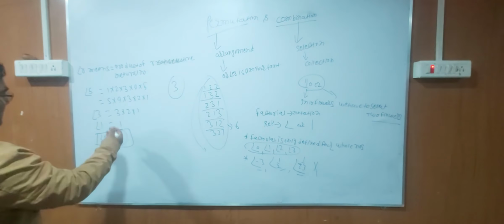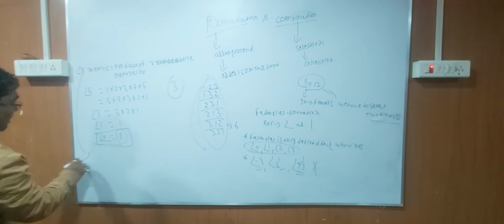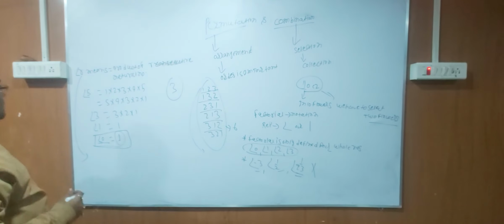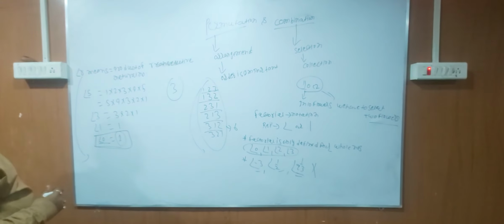Another meaning of factorial r: like factorial 3 is 6. Factorial r means r things at r places.